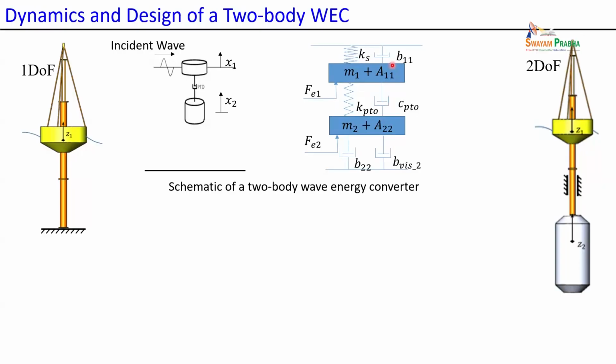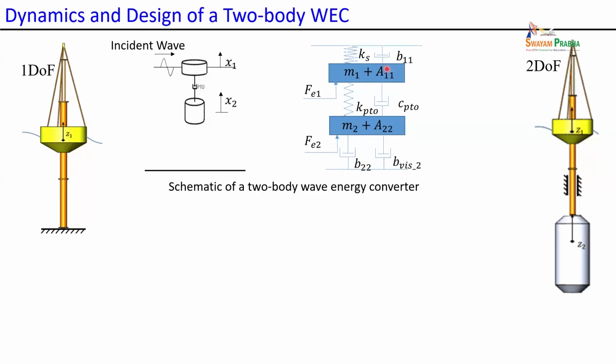As I mentioned, for a system on the surface, viscous damping is normally small. Therefore, actually this is radiation damping. What I said just now was wrong. This is radiation damping, and this is also radiation damping.